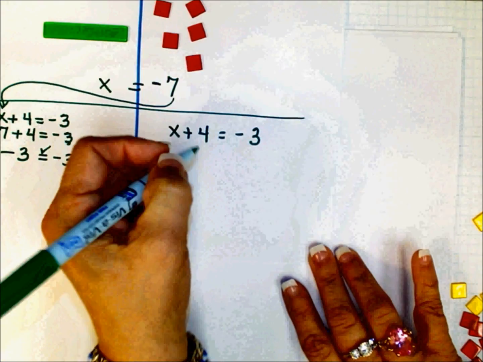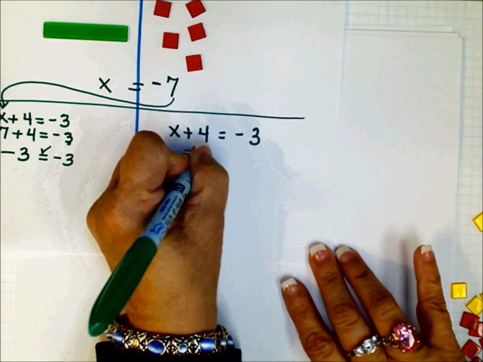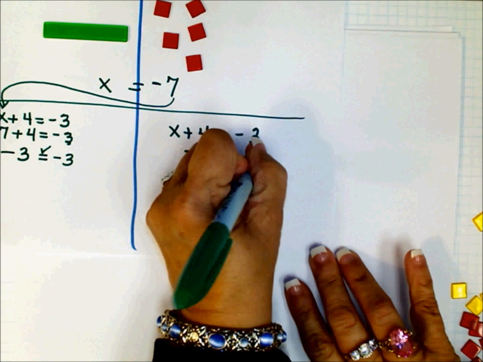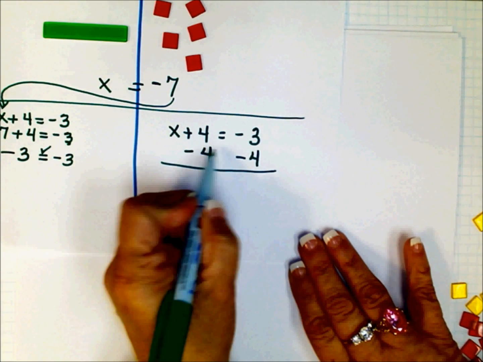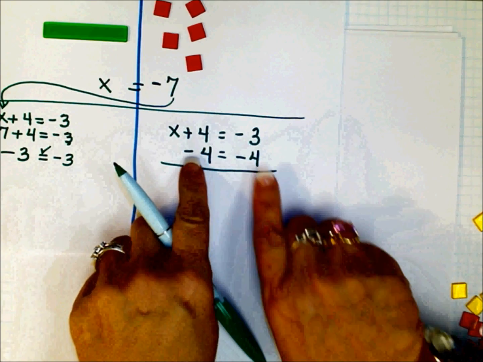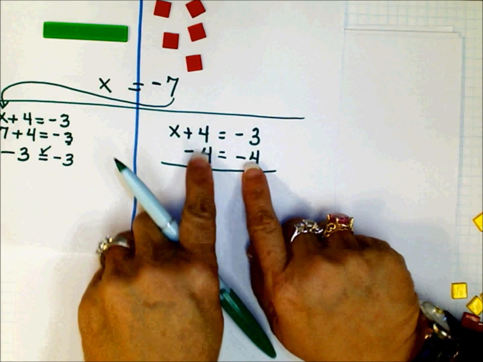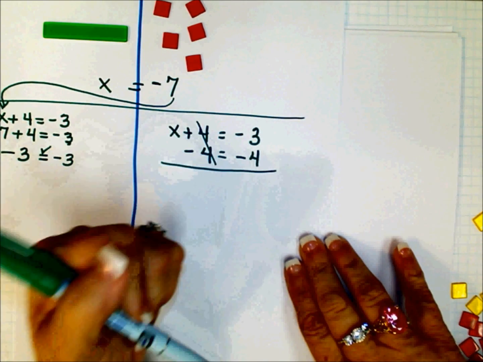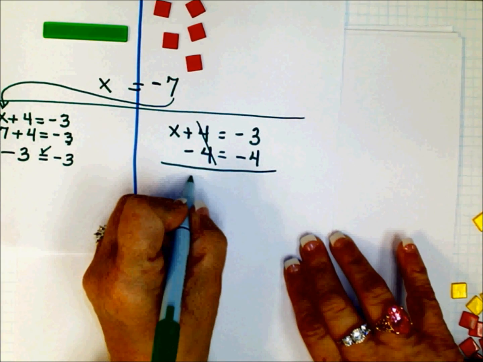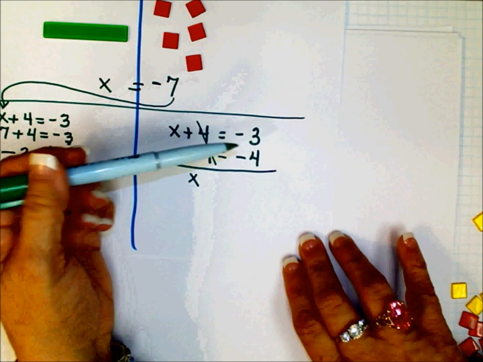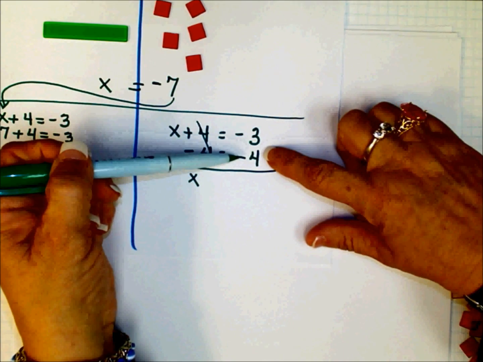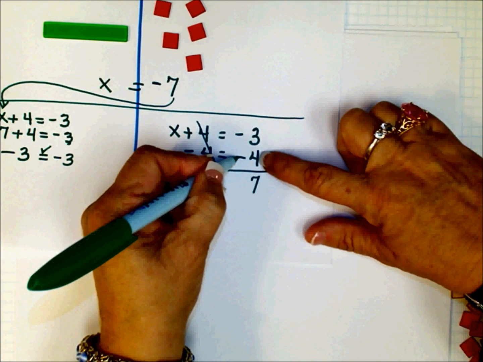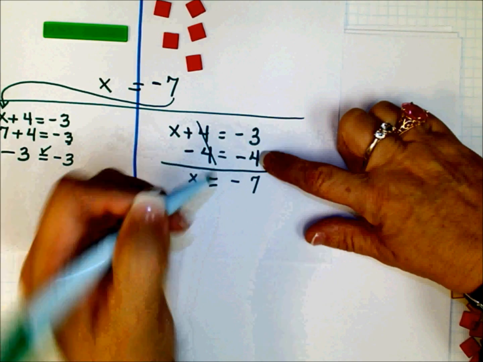So that was negative 4. Okay, and what we did to one side, we had to do to the other. So then negative 4 is equal to negative 4, so I can add these things because they're equal. And then positive 4 and negative 4 gives me 0. And on the left-hand side, I have x. On the right-hand side, the signs are the same, so we're going to add and get 7. Sign of the big number is negative, so my answer is negative. So x equals negative 7.